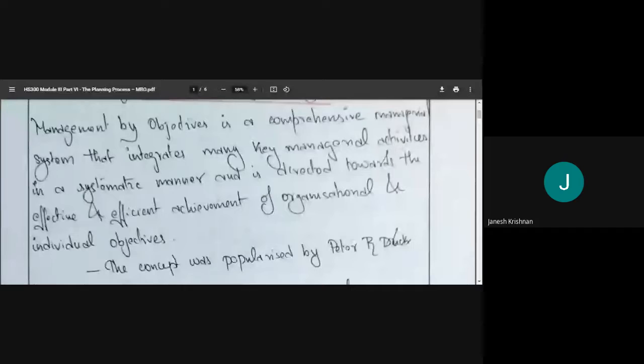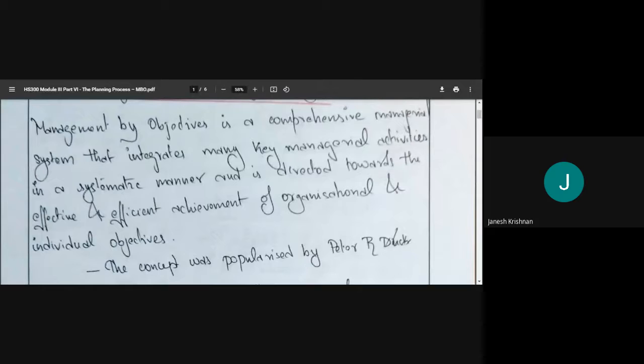And how are they added? They are added in a systematic manner, and it is directed towards the effective and efficient achievement of organizational and individual objectives.